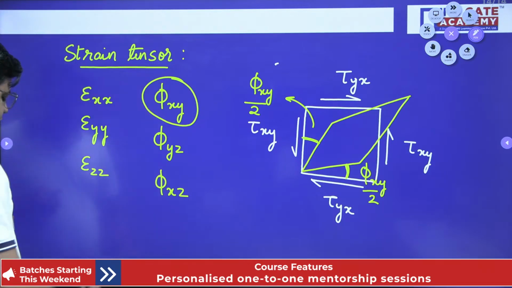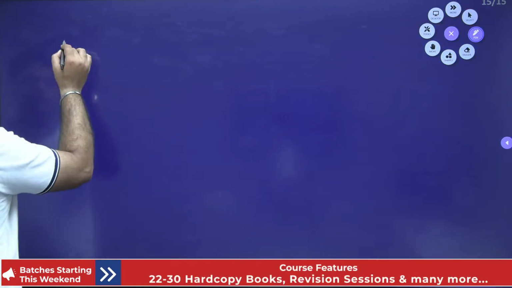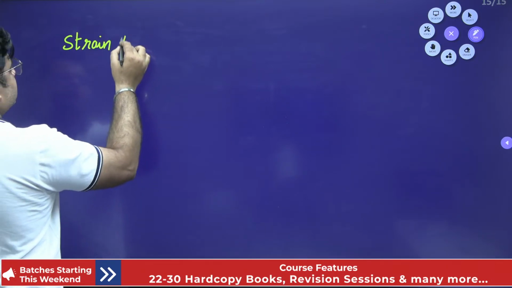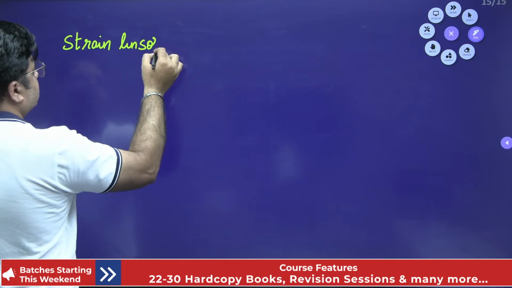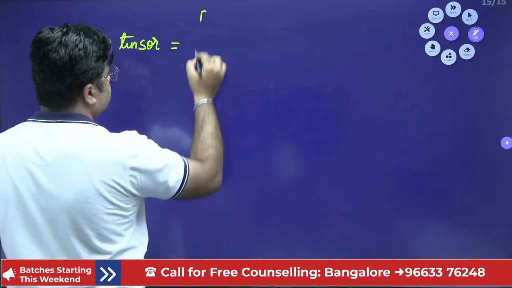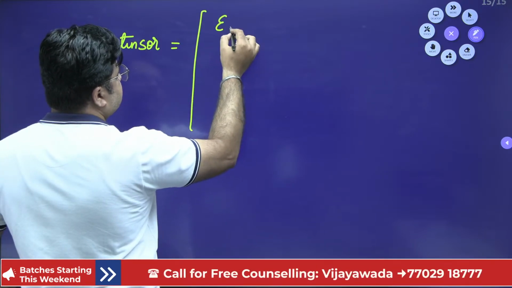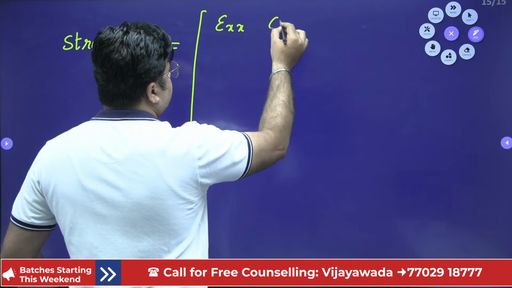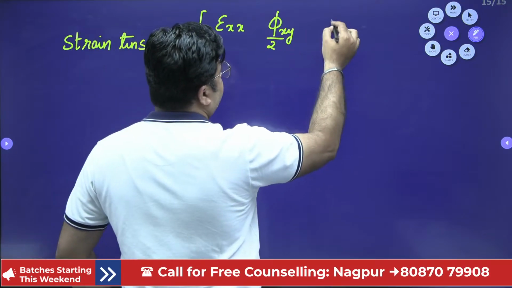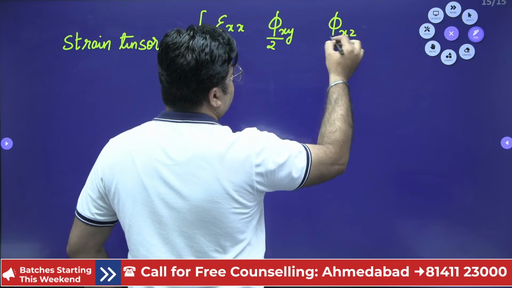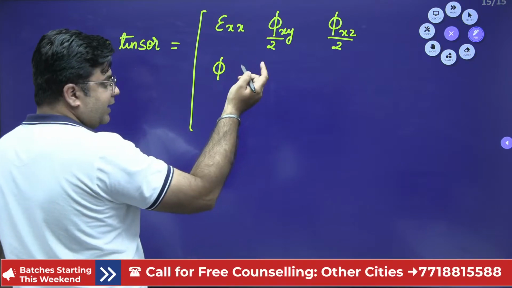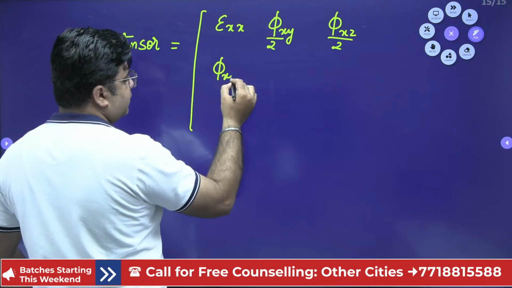So when we write the strain tensor, we write like this. Strain tensor is equal to epsilon xx, then phi xy by 2, then phi xz by 2, then phi yx by 2. I write xy or yx, it is one and the same thing.